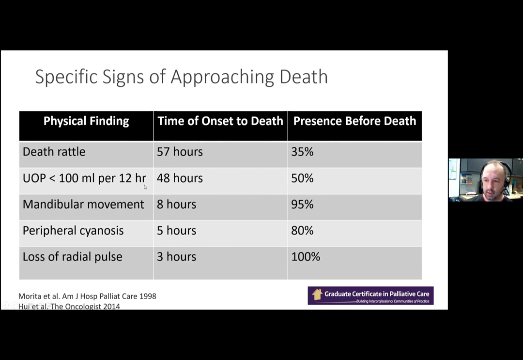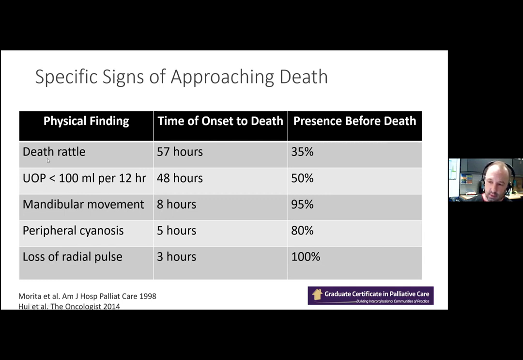One that I added here, and I've seen published a couple of different numbers about this, is diminishing urine output. So, if your patient has a Foley in as a part of their comfort care and you're able to look at the urine output, that can be helpful.